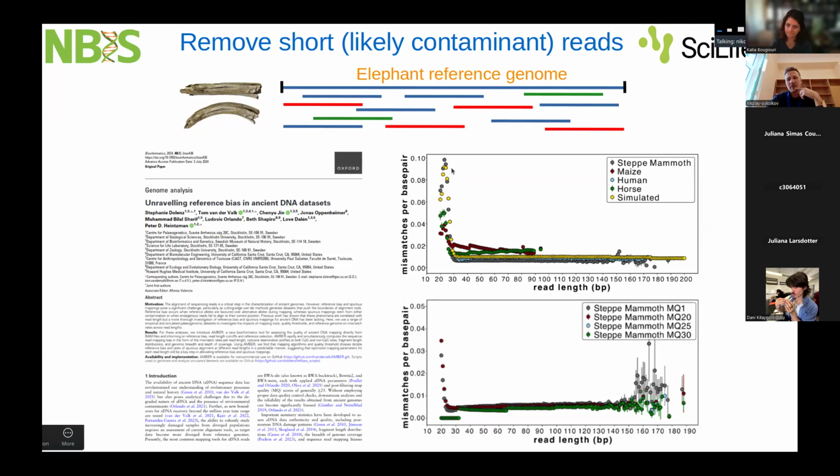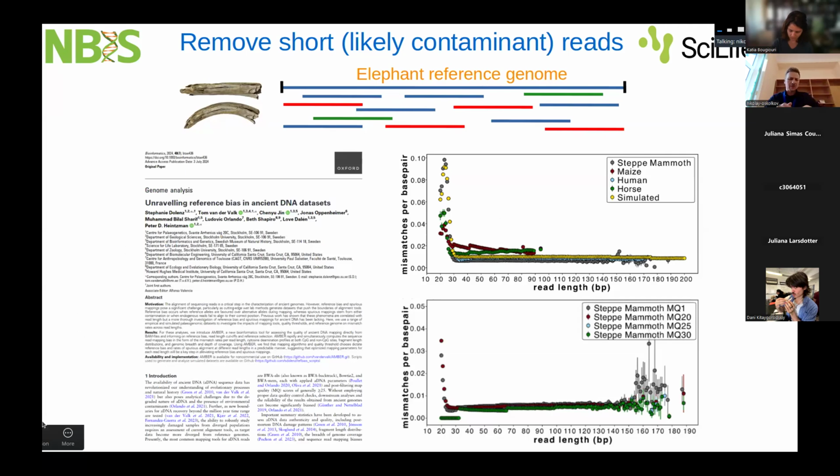Meaning that shorter reads map, in this particular example, with a lot of mismatches. The null expectation was that this distribution should be flat, that the mismatch rate should not depend dramatically on the read length. But if you see this, it can be your potential method for eliminating contaminants. The reads that map with an increased mismatch rate are likely contaminants.